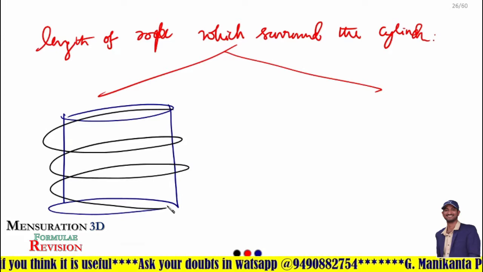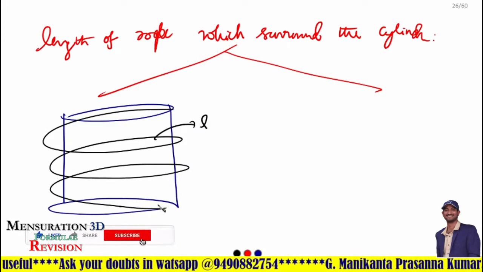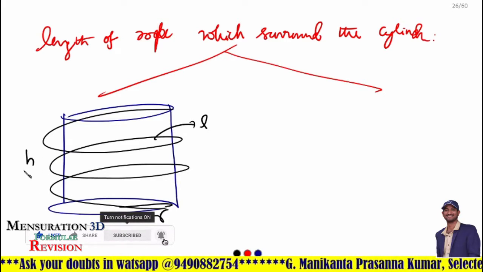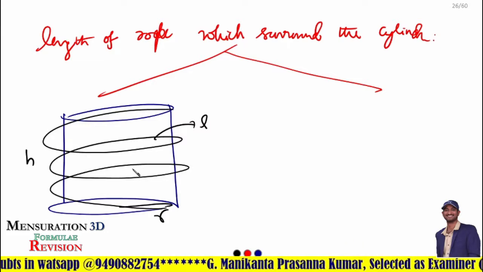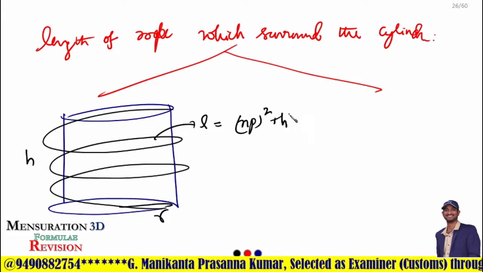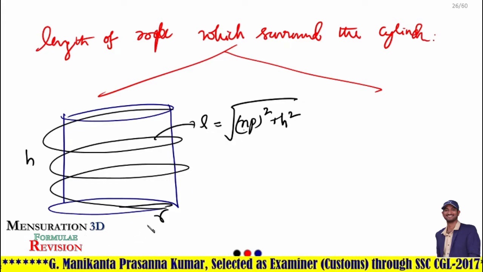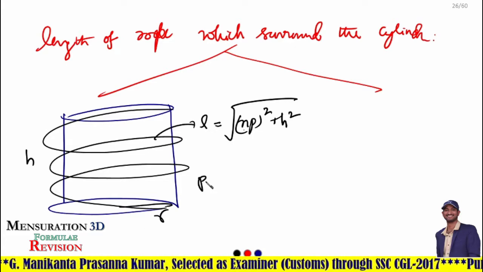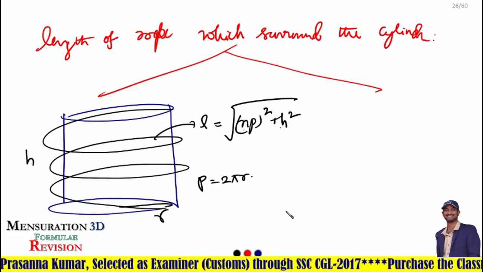If a rope of length L surrounds the cylinder having radius r and height h with n complete turns like this, then length of the rope equals the square root of (np) whole square plus h square, where n is the number of turns and p is the base perimeter. What is p? It is equal to 2 pi r. And what is h? Height of the cylinder.